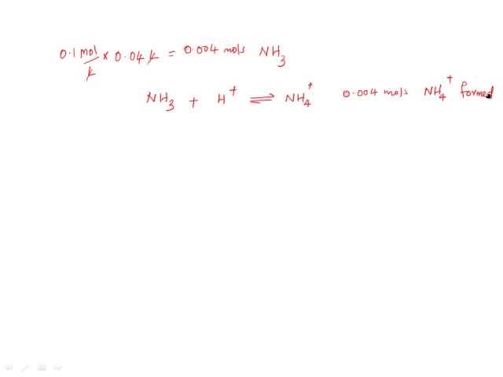Now we need the molarity. What is the molarity of NH4+ formed? Total volume has changed, so molarity is 0.004 divided by 40 mL plus 40 mL, 0.08 liters, moles per liter. What do we get? 0.05. That is the molarity.